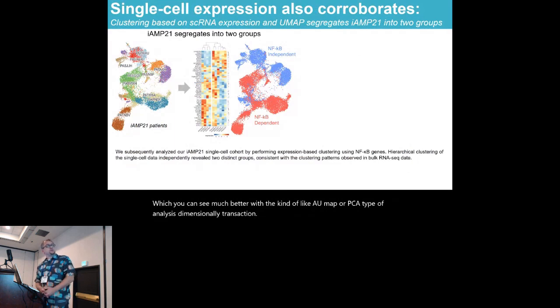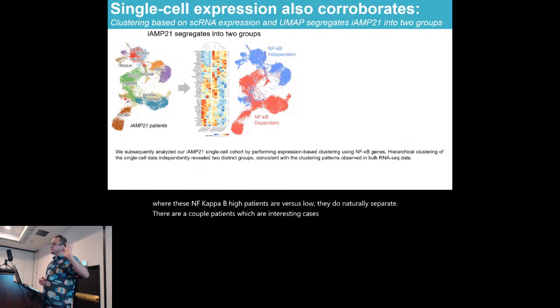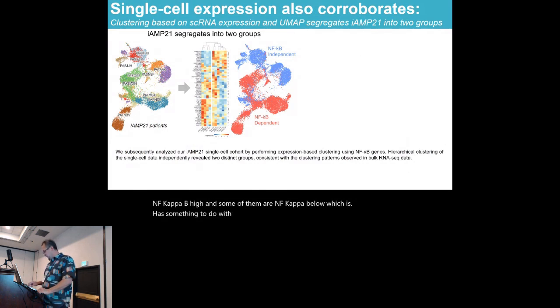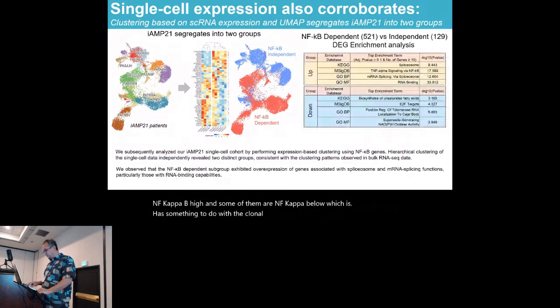So when you look at only the iAMP patients, and when you look at where these NF-kappa B high patients are versus low, they do naturally separate. There are a couple of patients which are interesting cases, where some of their cells are NF-kappa B high and some of them are NF-kappa B low, which has something to do with the clonal heterogeneity, which I'm going to talk about a little bit.